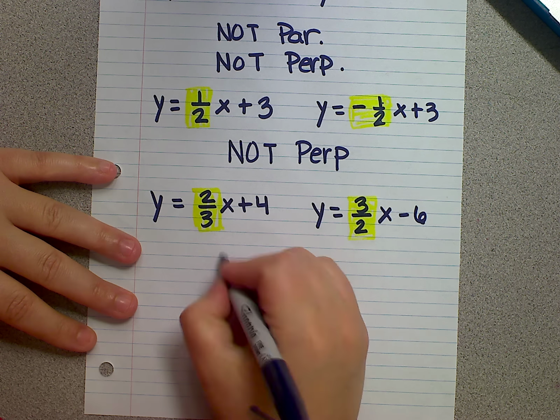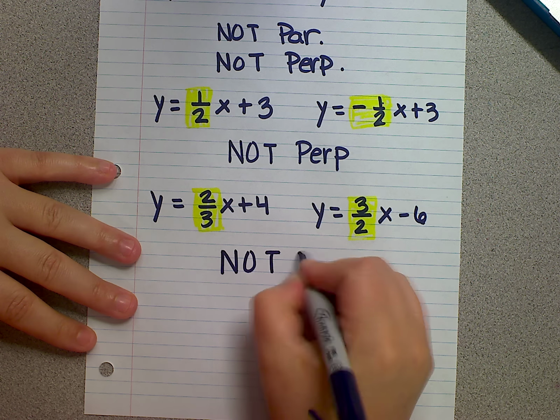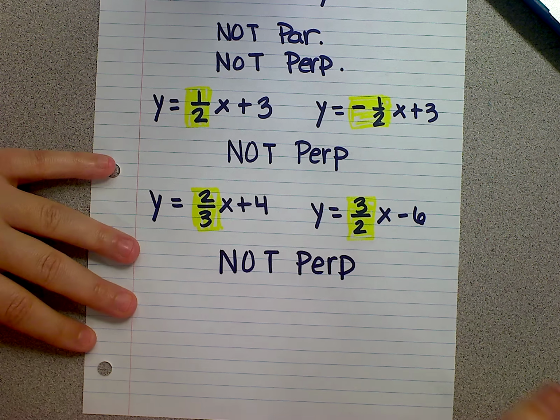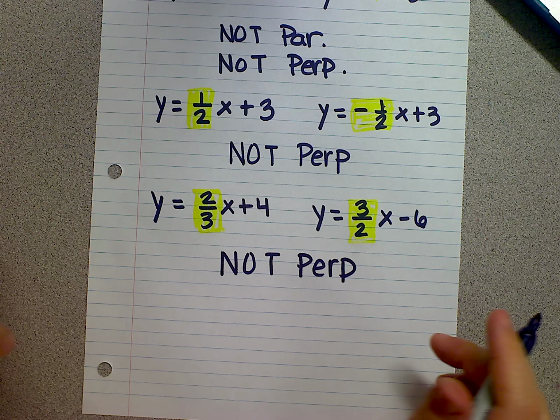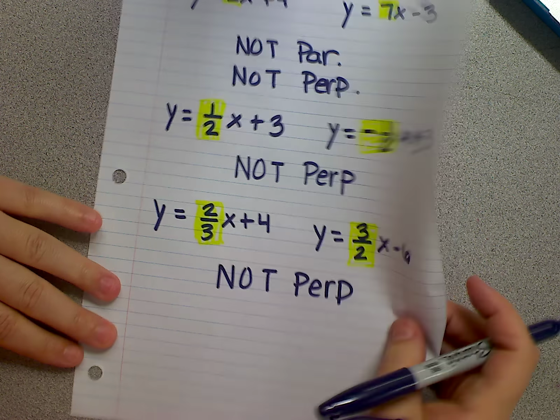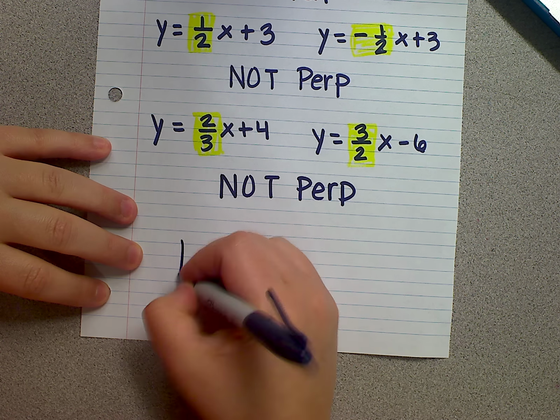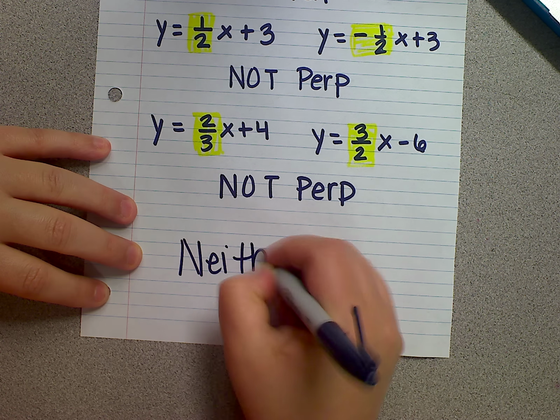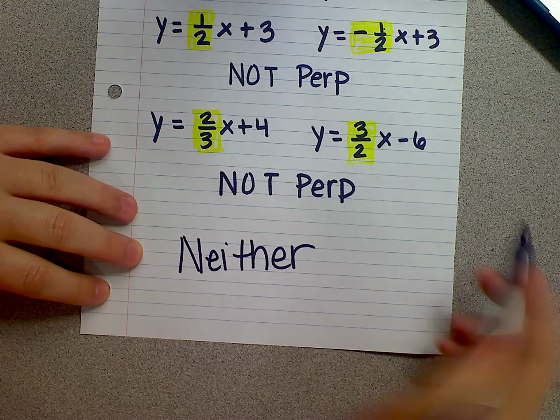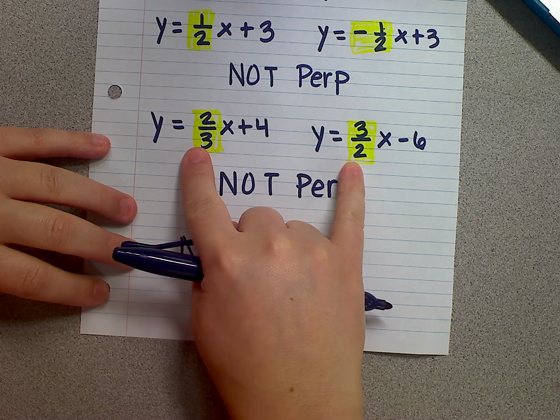Therefore, they are not perpendicular either. And what we call these lines is they are neither parallel nor perpendicular, so our answer to these is just neither. Why? Because they do not have the same slopes, and they don't have opposite reciprocal slopes.